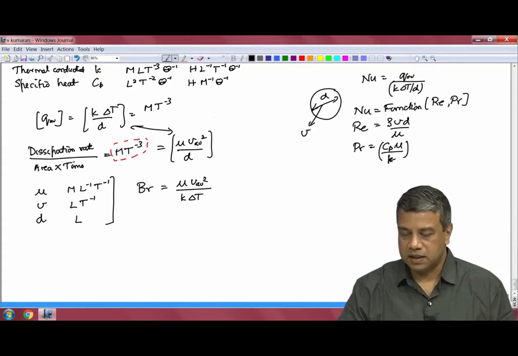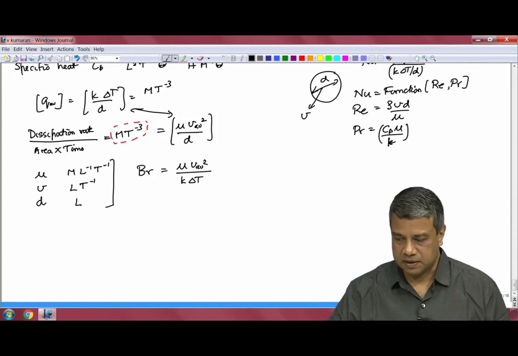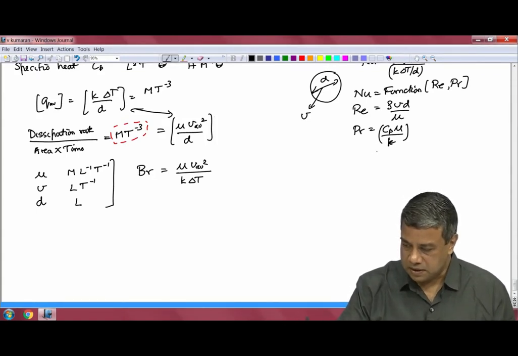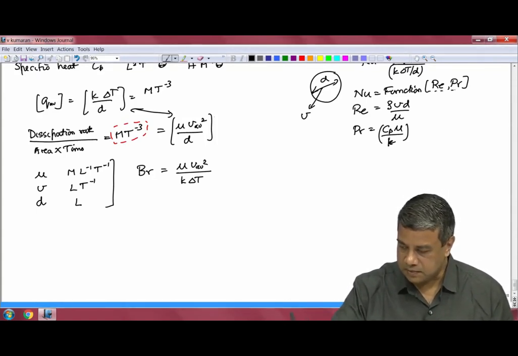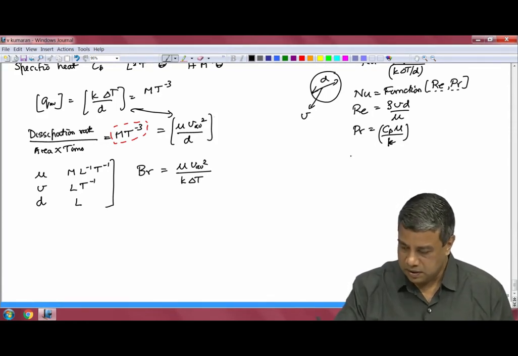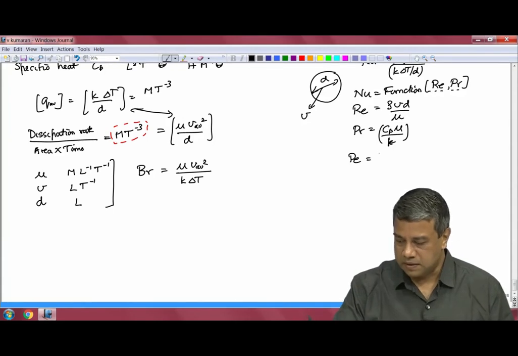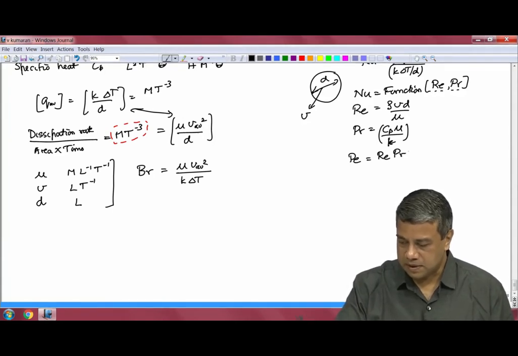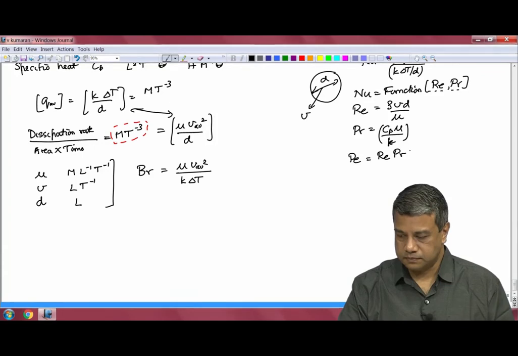I can redefine the dimensionless numbers a little bit in this case. Rather than writing it in terms of the Reynolds number and the Prandtl number, I can define another dimensionless group, the Peclet number, which is equal to the Reynolds number times the Prandtl number.